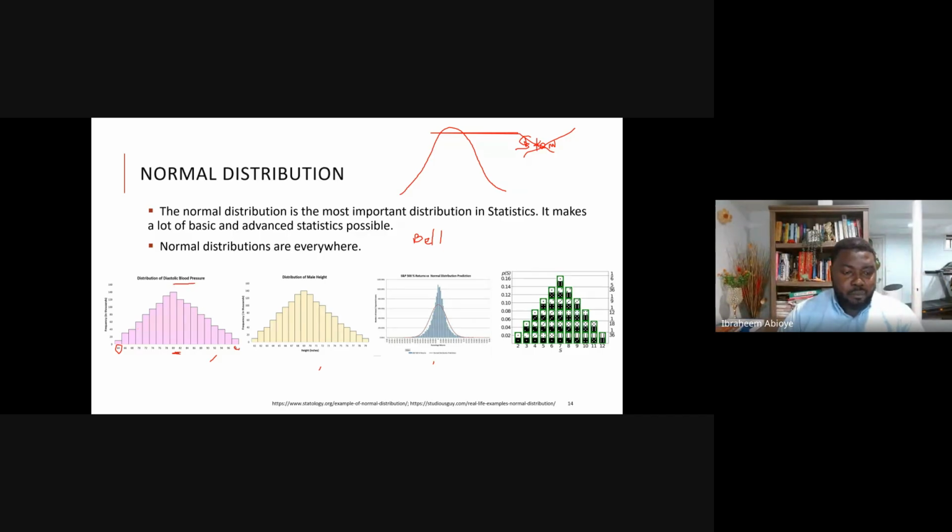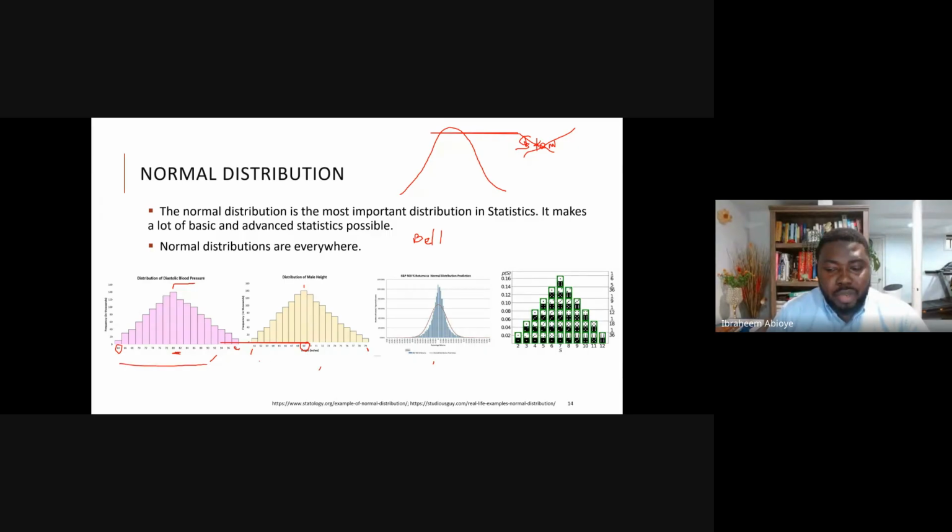The mean is 80 and the median is also 80. This is the distribution of male heights, maybe of children, and the mean is 69, and you have people going from 61 all the way to 79. And the mean and the median are the same. There is no skewing. You can see that this is broad-based.